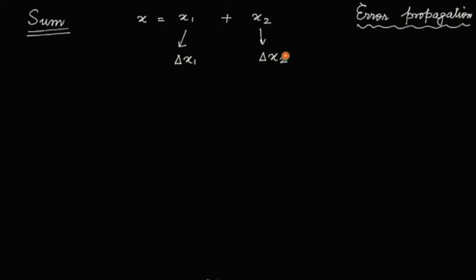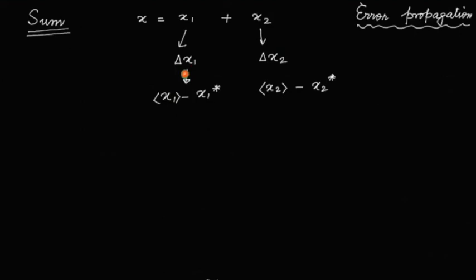The way we defined it is x1 estimate minus x1 star, and this is x2 estimate minus x2 star. These are the errors in x1 and x2.